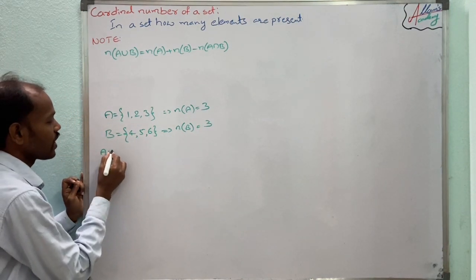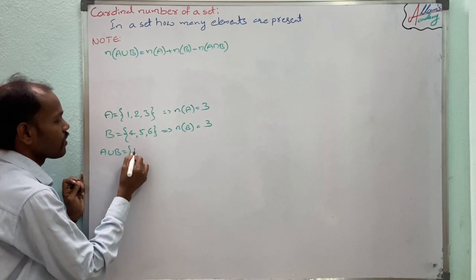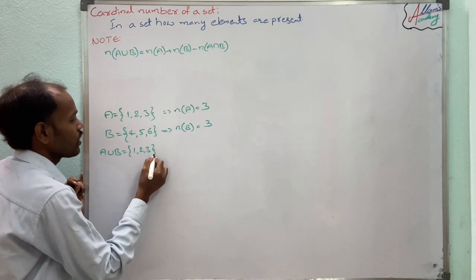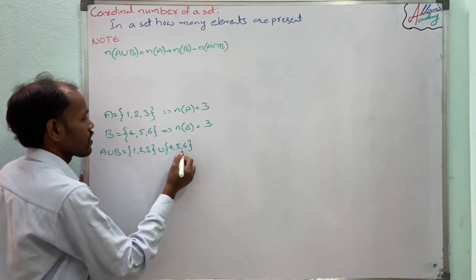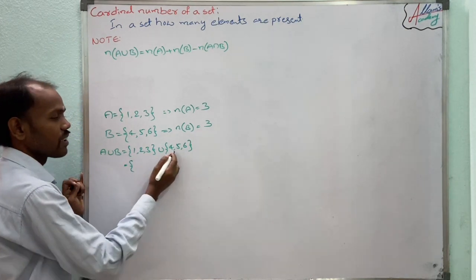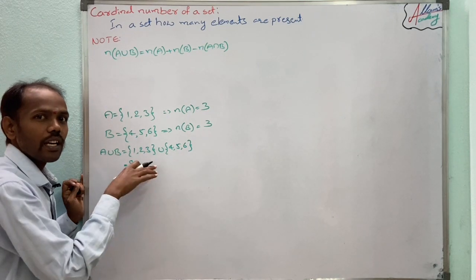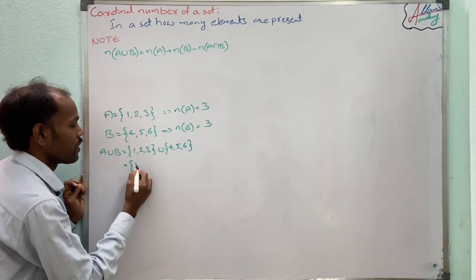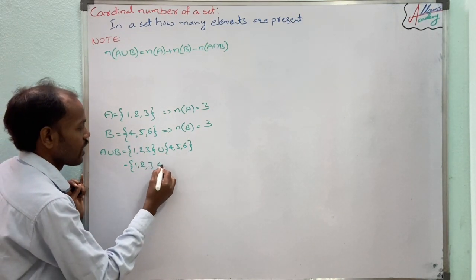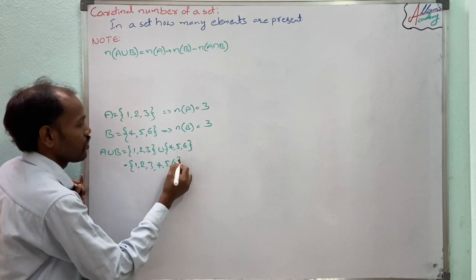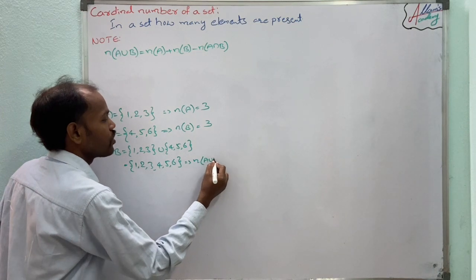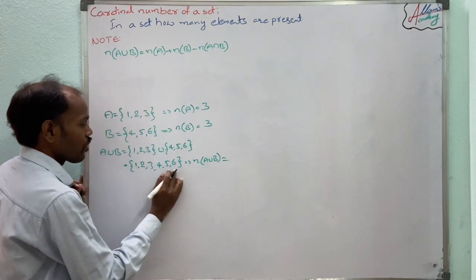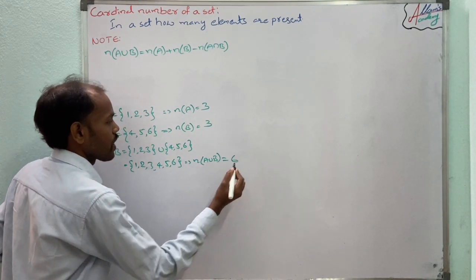If we find A union B: 1, 2, 3 union the set with the elements 4, 5, 6. Union means, as already discussed, the total elements present are taken as a single set: 1, 2, 3, 4, 5, 6. So number of A union B equals 6, total 6 elements are present.